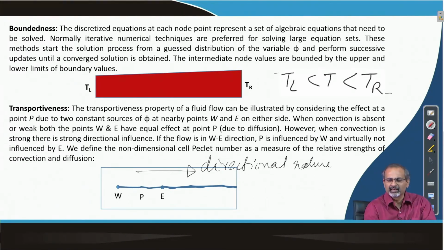So, the directional nature will have a bearing or an influence on which direction the property tends to advect.